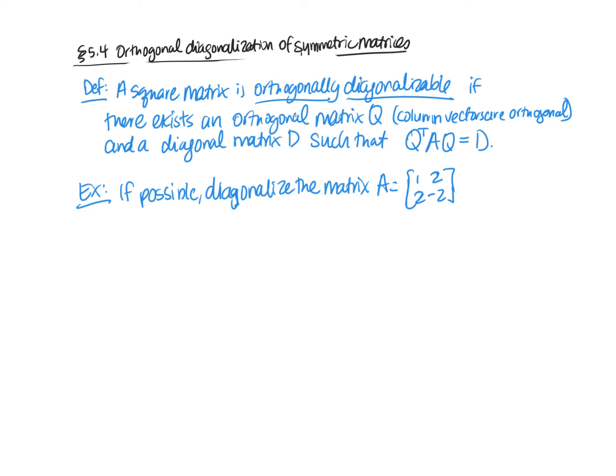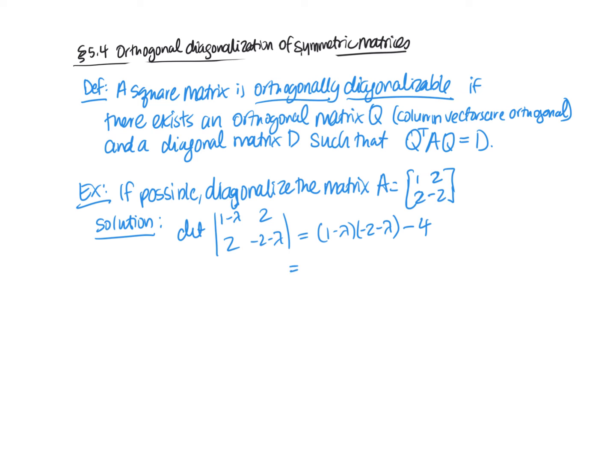So how do we do this? Remember, we're going to need to find those eigenvalues first. So we want to take the determinant of this guy, where we subtract lambda off of that diagonal. So we'll have 1 minus lambda, 2, 2, negative 2 minus lambda. If I take that determinant, I'll get (1 minus lambda)(negative 2 minus lambda) minus 4, since 2 times 2 is 4.